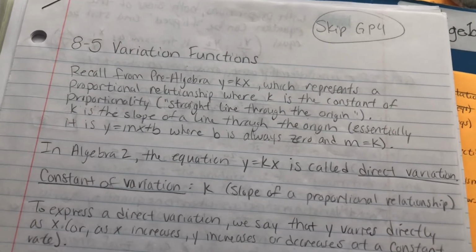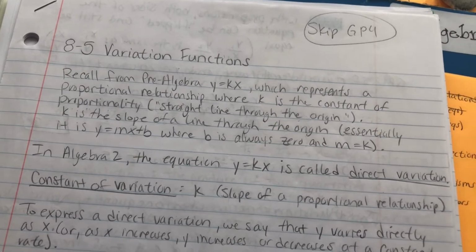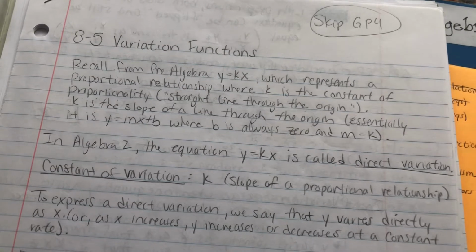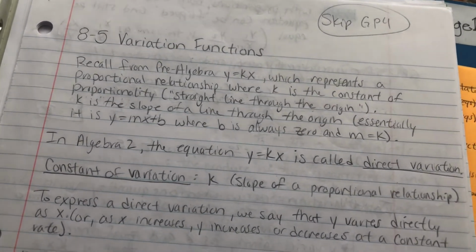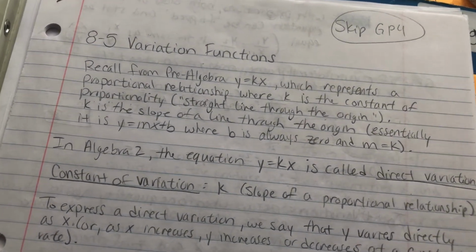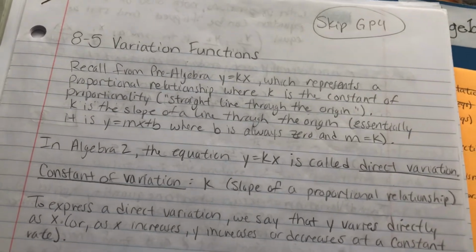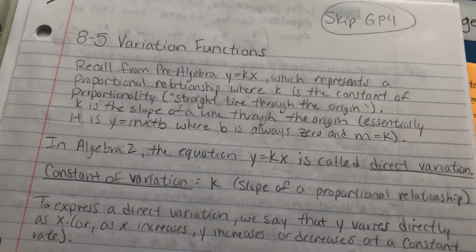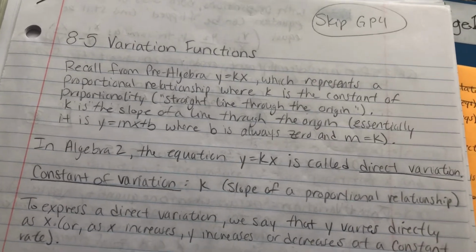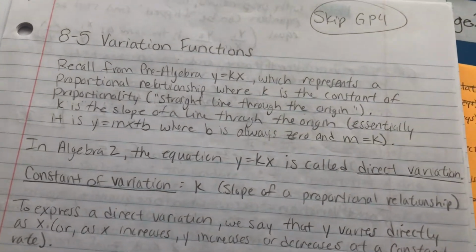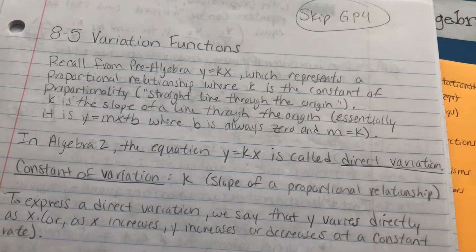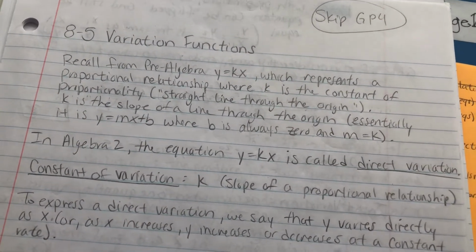For example, let's say you're earning money for every lawn that you mow. Well, you're going to have $0 in your pocket before you mow any grass, so you're starting at 0, 0. But let's say you have money already in your account, and then you want to contribute to that account by adding more money for each lawn that you mow. That would not be direct variation because you already are starting with an initial value.